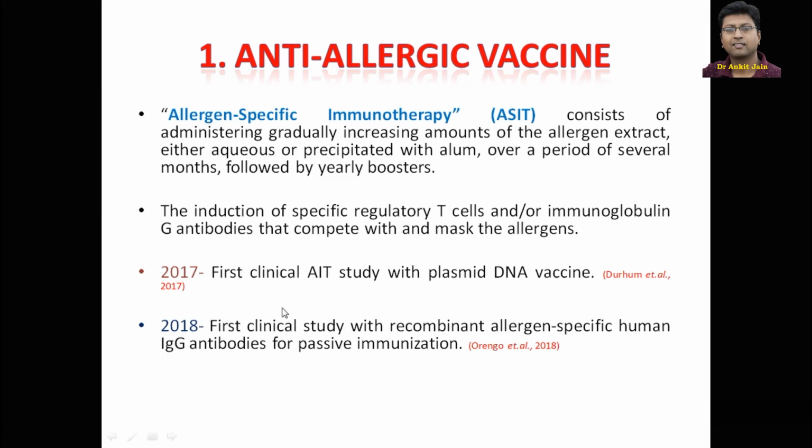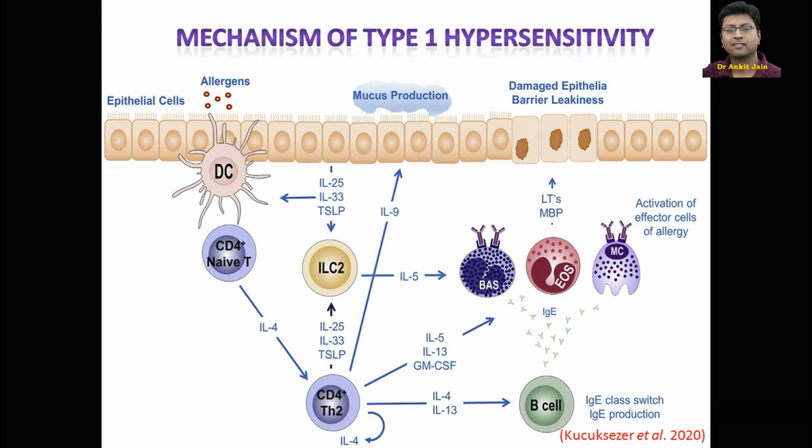In 2017, the first clinical allergen immunotherapy study with a plasmid DNA vaccine was done, and in 2018 the first clinical study with recombinant allergen specific human IgG antibody for passive immunization was performed.